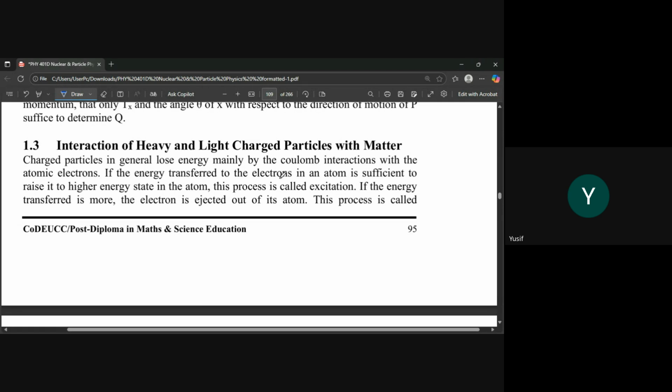We are breaking them down into simpler forms, and in breaking them apart we produce energy, which is what we talk about in terms of nuclear fission and nuclear fusion.